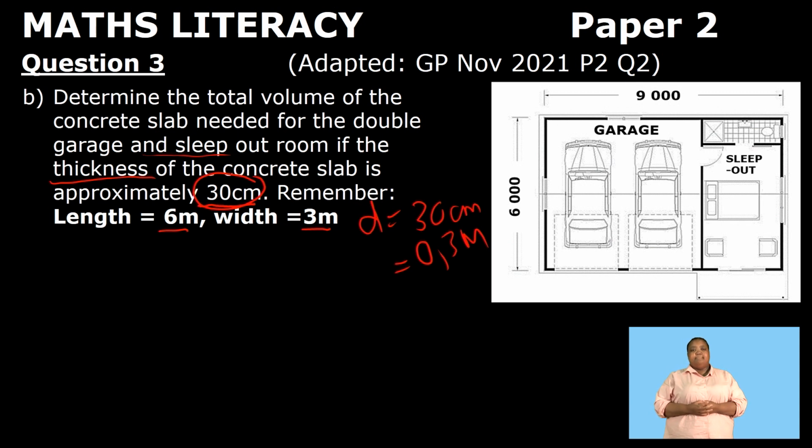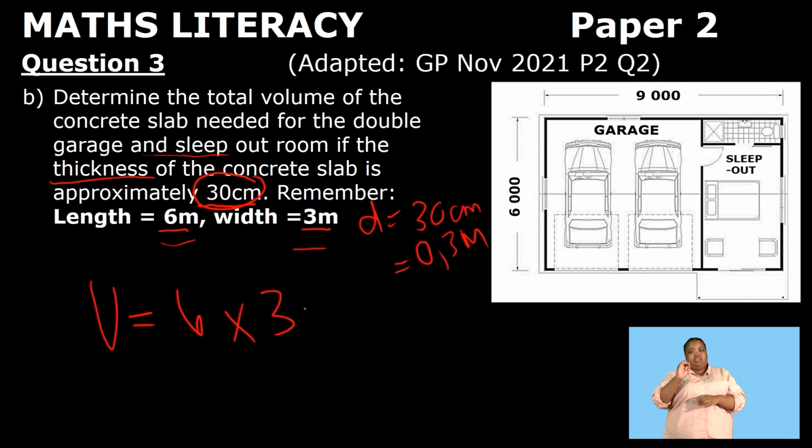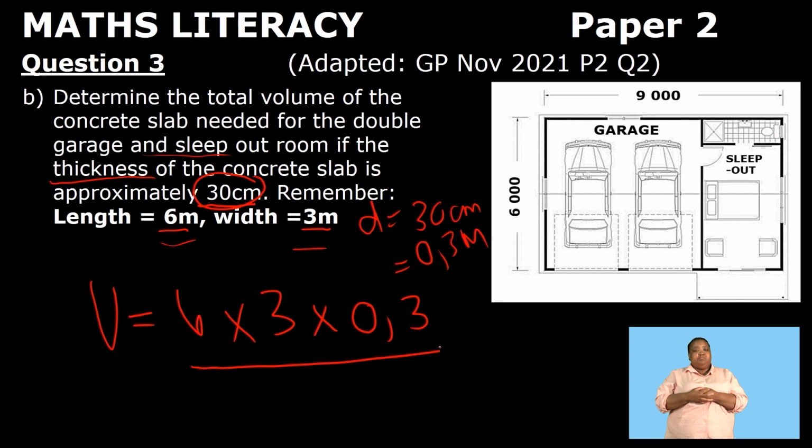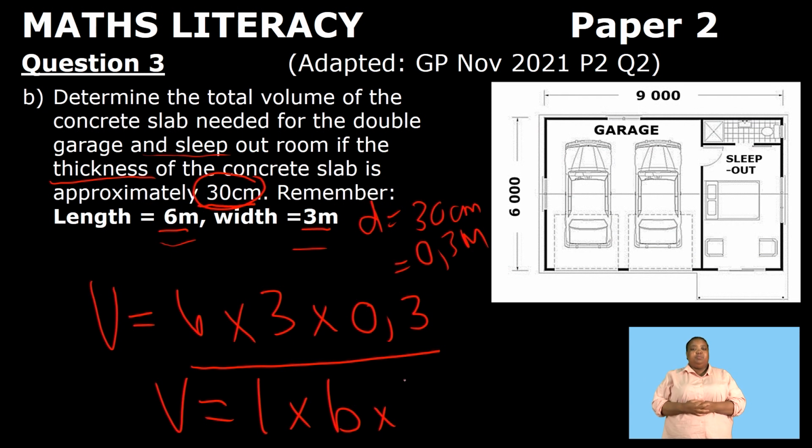They did not ask in any specific unit of measurement, but because most is in meters, we will work in meters. So then we'll know volume is going to be 6 times 3 times 0.3, and that you don't need to know on your own. They would have said use the formula volume is length times width times height. So they will give the formula for you to work with.